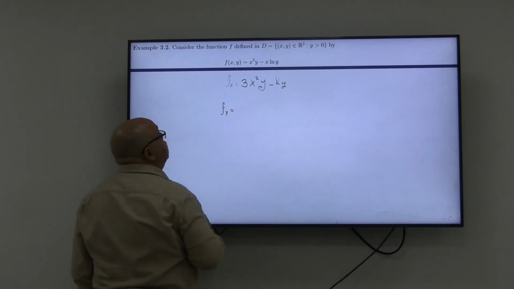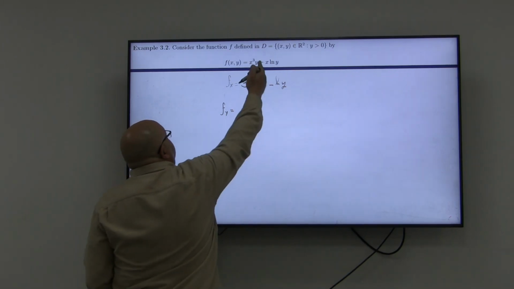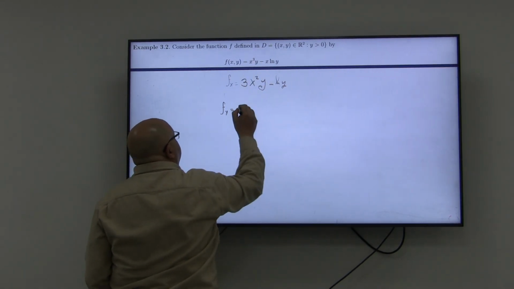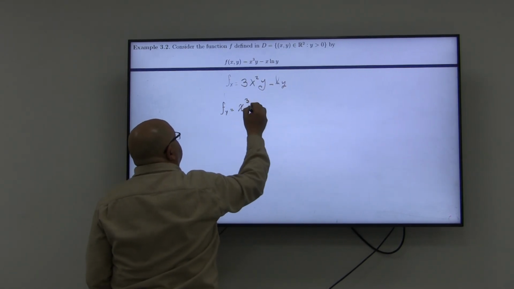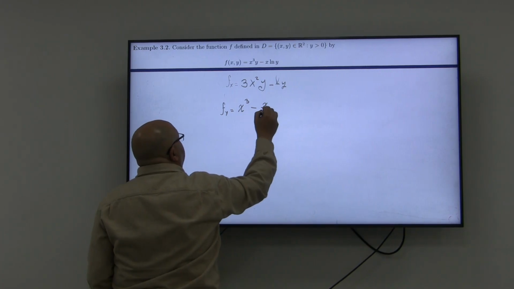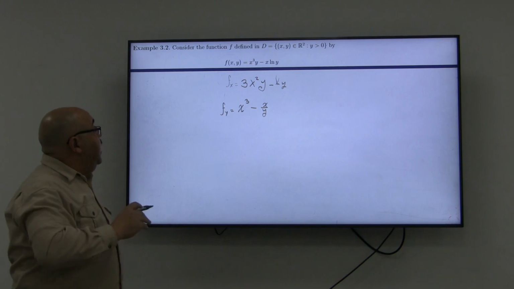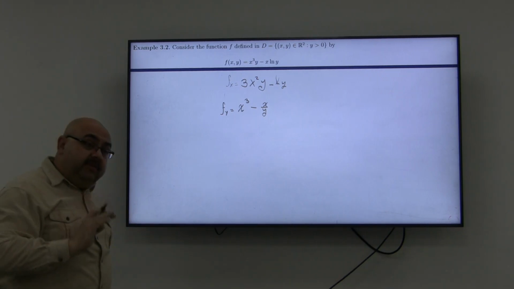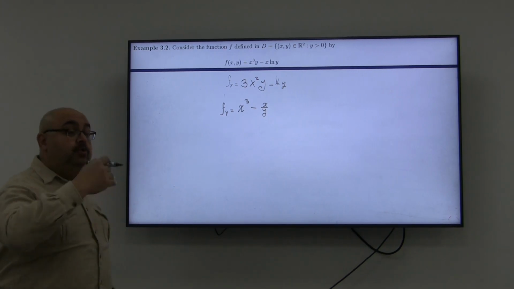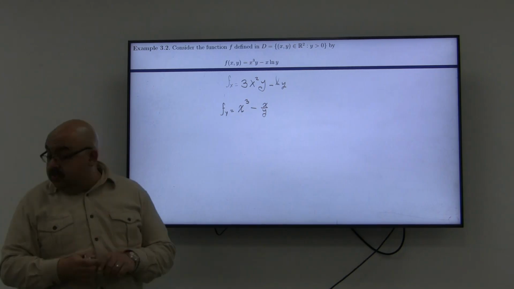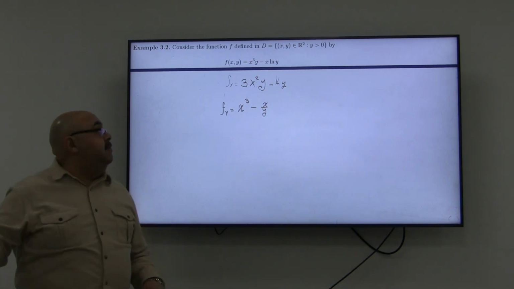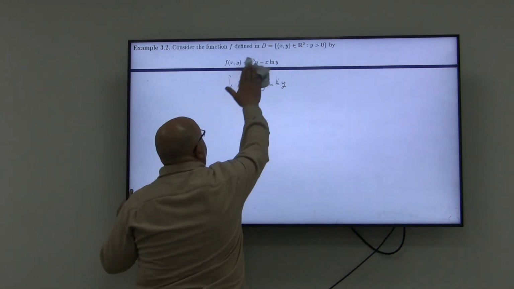I will start differentiating once more with respect to y. Differentiating x cubed y with respect to y gives x cubed minus x over y, since the derivative of ln y is 1 over y. Now I have the derivative with respect to x and with respect to y. If I want to go further, I can do a second derivative as in the previous problems.